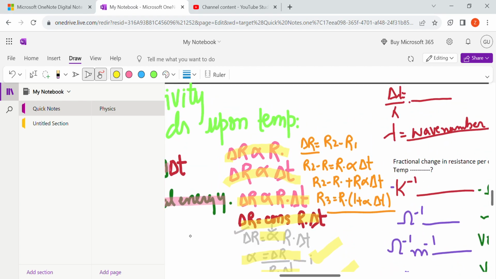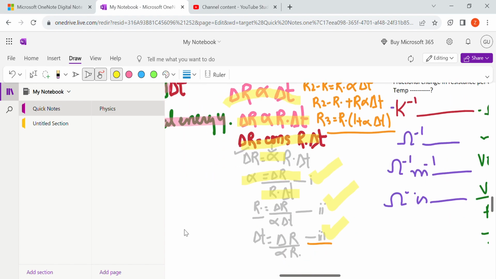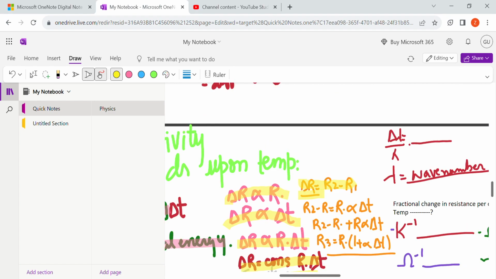But now, after all this, we have to find out the final resistance. You might have learned in your previous classes that when we find the final velocity, how did we find it? Del velocity is final velocity minus initial velocity. This is what we are doing, R2 minus R1. We will place the value of del R, the formula we had for del R, over here.